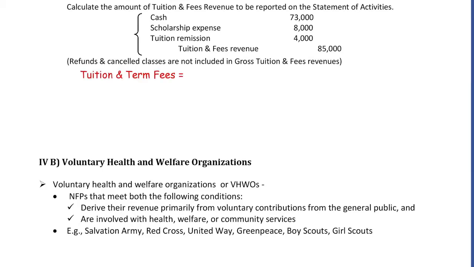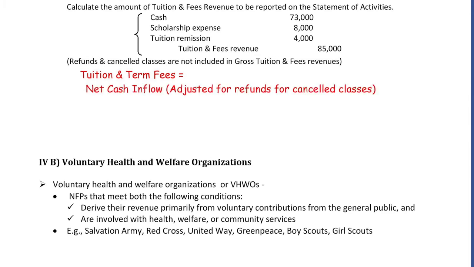Tuition and term fees equal net cash inflow, adjusted for refunds for cancelled classes, plus scholarships, and plus any tuition remissions.